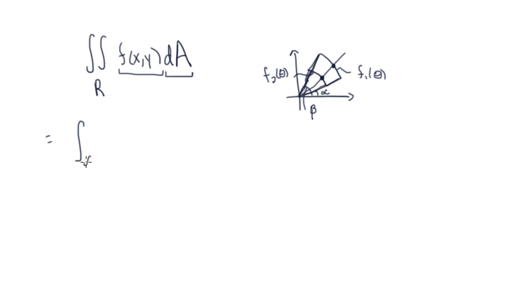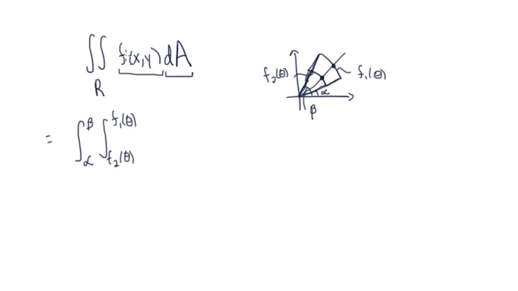So the angle is going from alpha to beta, and then for a fixed angle between alpha and beta, r is going from this function of theta, f2, to this function of theta, f1. So f2 of theta all the way up to f1 of theta.